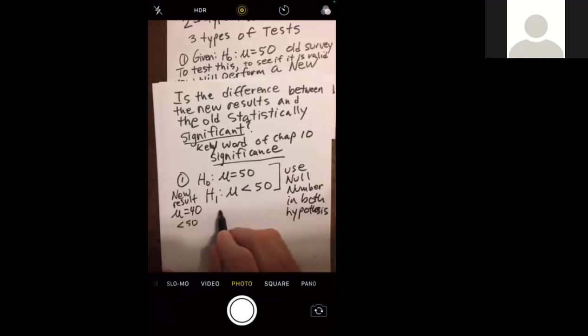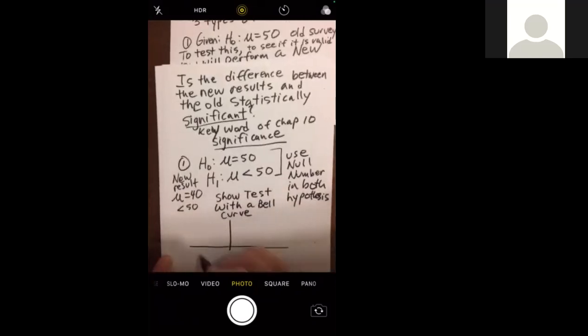You will show the test with a bell curve. And you will shade the tail that this points to.